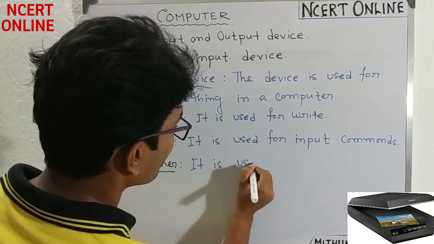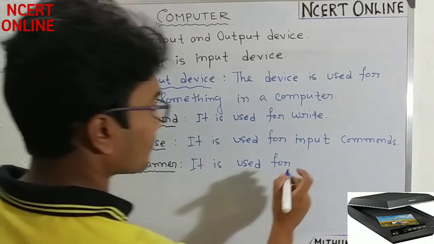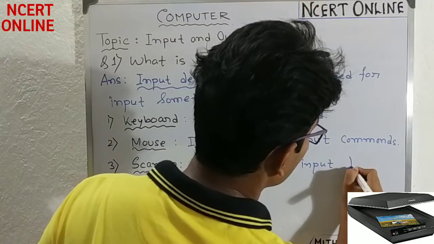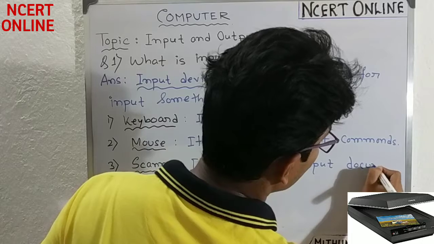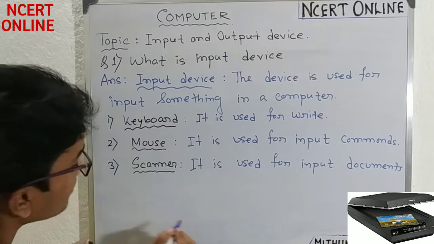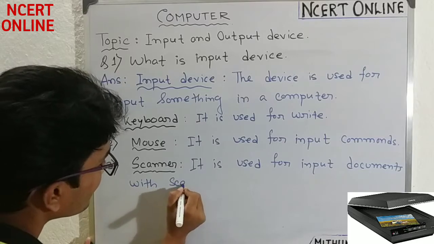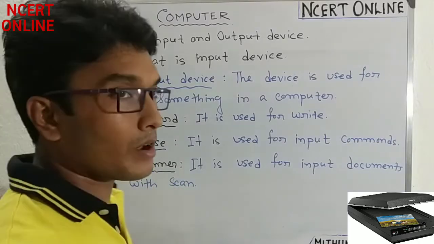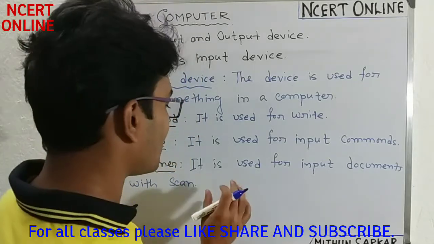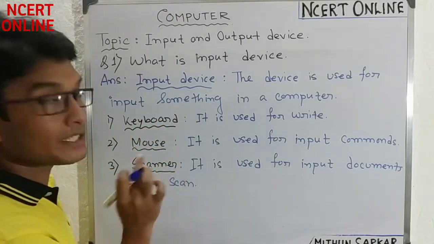It is used for input documents with scan. Imagine you have a printout, a book, or a magazine. That part you need to input inside your computer. Then you need to use a scanner.